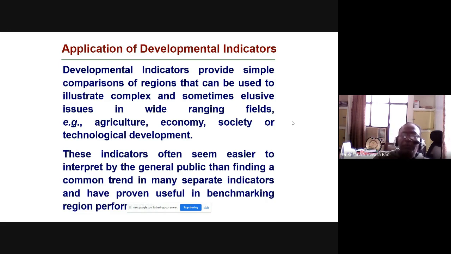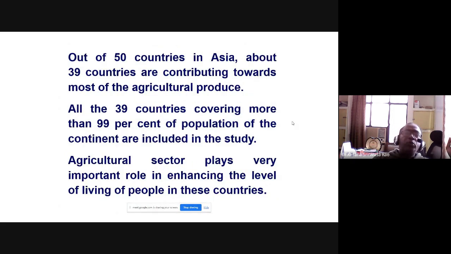So for these four types of dimensions, we have to see and benchmark which type of indicators are in a position to contribute towards agriculture development. Out of 50 countries in Asia, about 39 countries are contributing towards most of the agriculture produce. That's what I have mentioned briefly.